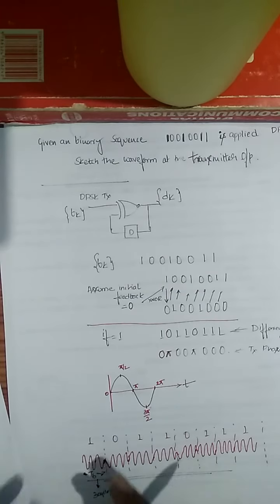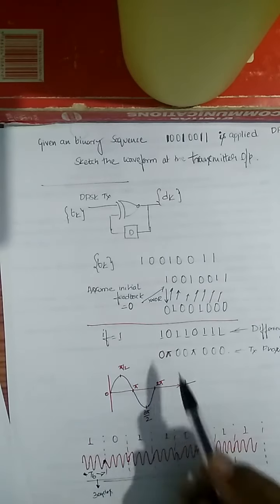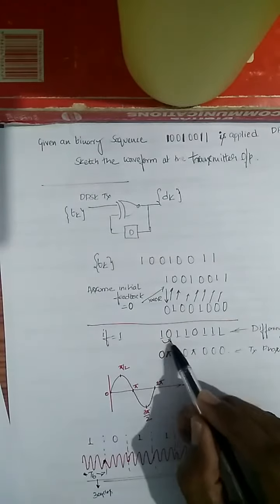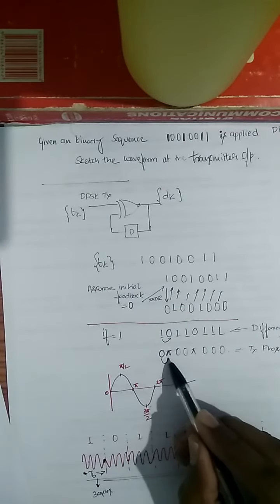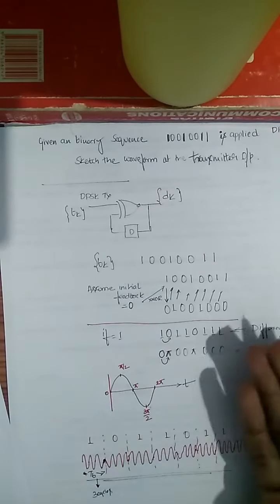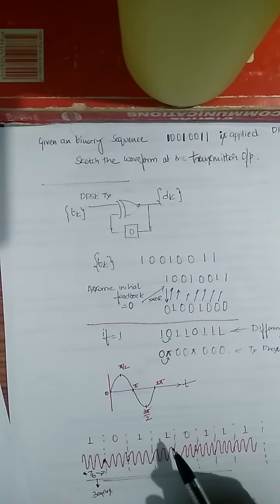So for every period I have taken 3 cycles. For bit 1 I am going to consider just a sinusoidal waveform. And from bit 1 to bit 0 I have a phase shift of pi, or an advance of pi radians.